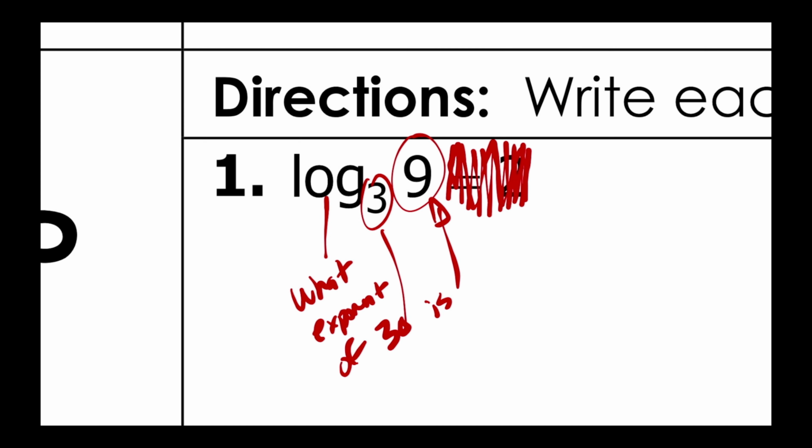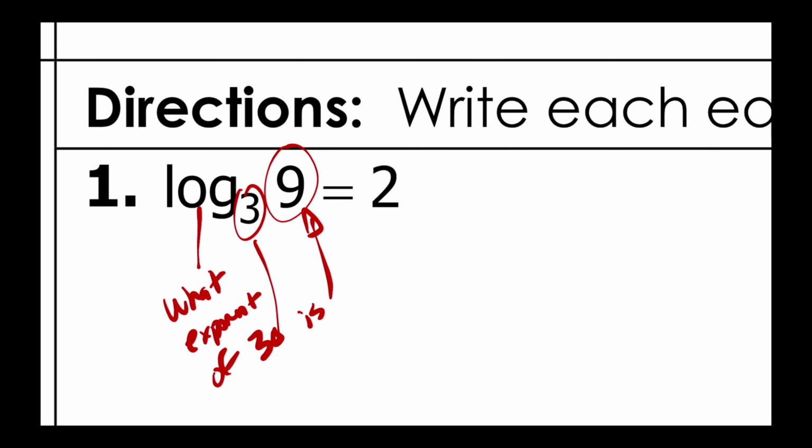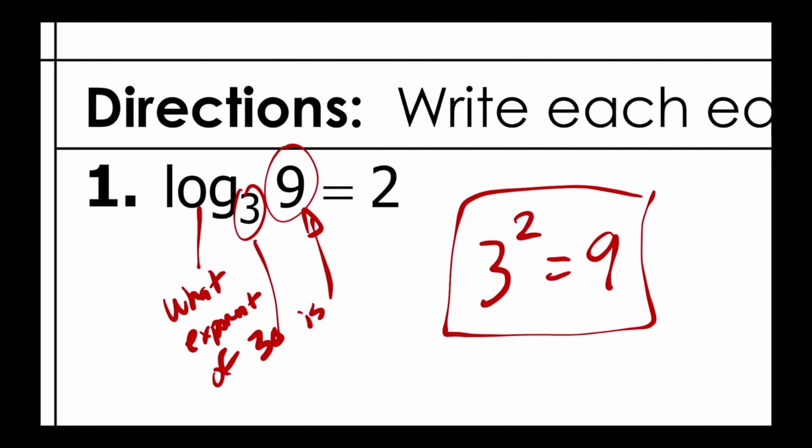What exponent do I need to put on 3 to get 9? And the answer is 2. So a log is just asking you what's the exponent. If I wanted to rewrite this as an exponential, it would be 3 to the 2nd power equals 9. Yes, it is that simple.